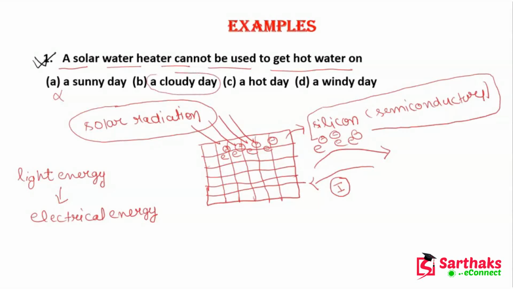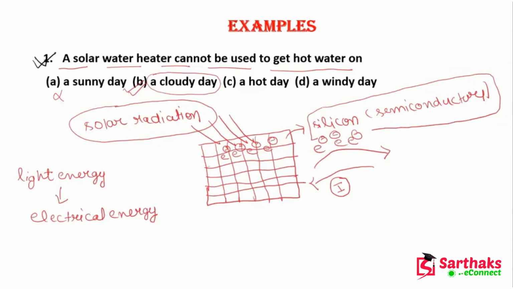This will be our answer because on a cloudy day the sun rays are not enough to generate electricity. So that's why a solar water heater cannot be used to get hot water on a cloudy day. I hope guys this point is clear to you.